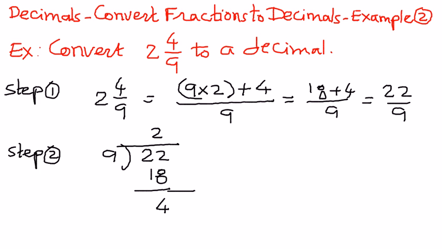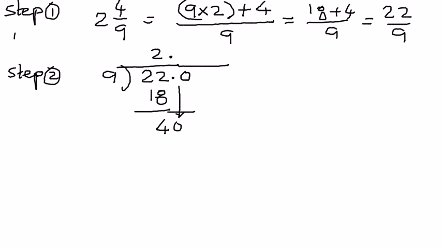Now since we want to write it in a decimal format, we place a decimal point after 22 and then add a 0 there, and we place a decimal point next to the 2 in the quotient, and carry this 0 down, and then we repeat the 9 times table. 9 times what number is equal to or less than 40? 9 times 4 is 36, and when we subtract, 40 minus 36 is equal to 4, and then we add another 0, and when we carry that 0 down, it's going to be 40 again. 9 times 4 is 36.